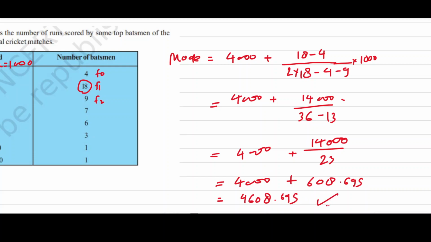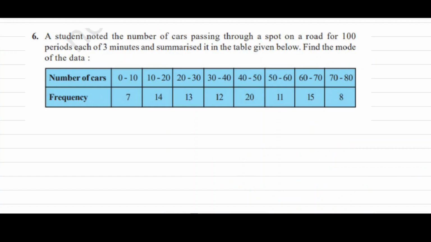Now we'll have to move on to the next question. Now this is the last question, question number 6. A student noted the number of cars passing through a spot on a road for 100 periods each of 3 minutes and summarized it in the table given below. Find the mode of the data. Okay, here first for mode, this is the maximum frequency. If this is the maximum frequency, this will be F1.